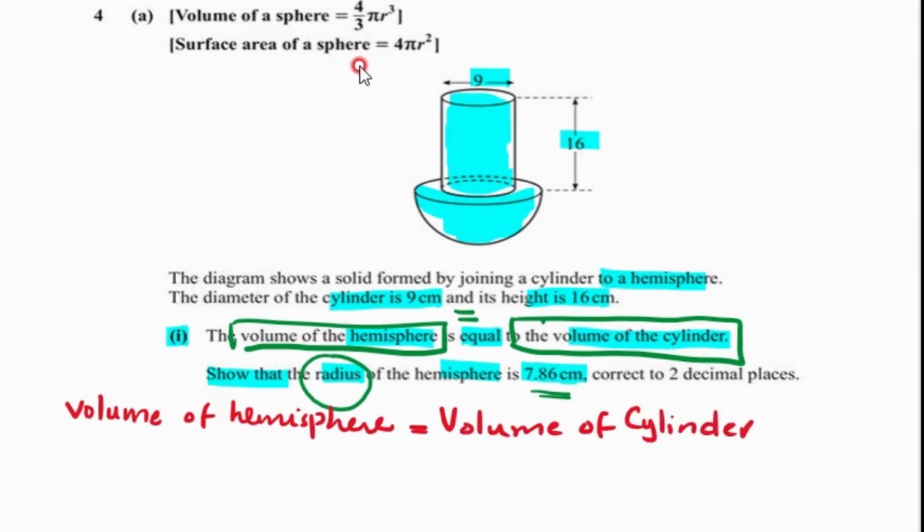As we know, in the question statement, the formula for the volume of a sphere is given, and the formula of the surface area is also given. So we are concerned with the volume of a sphere. So volume of a sphere is 4/3 pi r cube. So what will be the formula of a hemisphere, because it is a half of it?